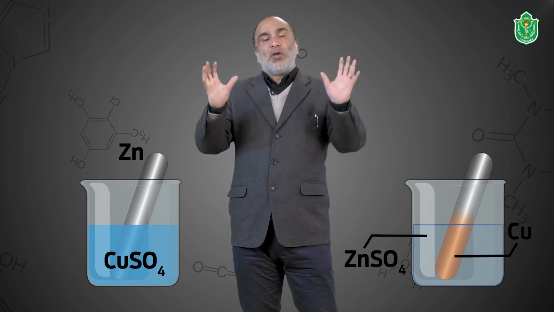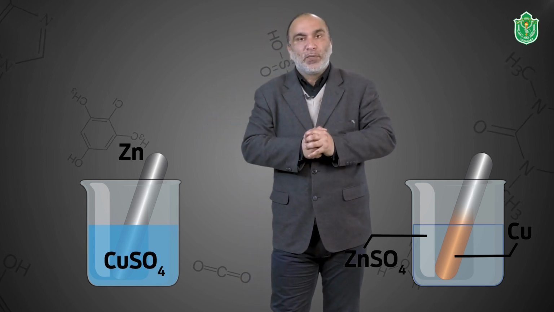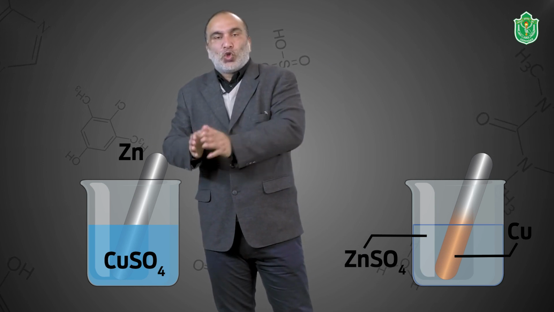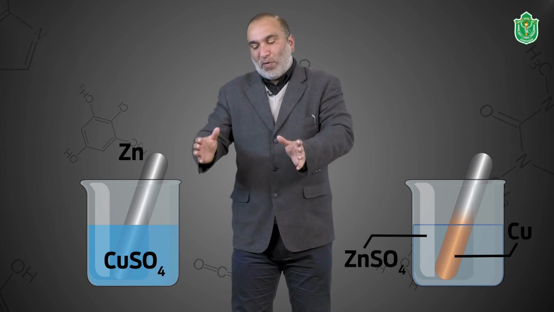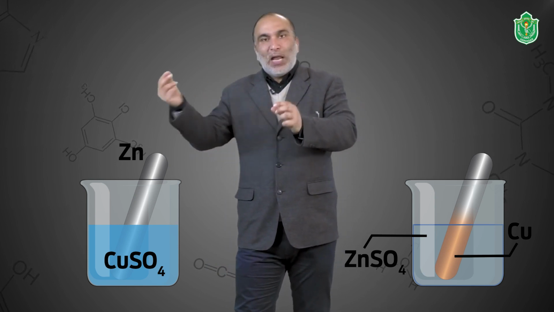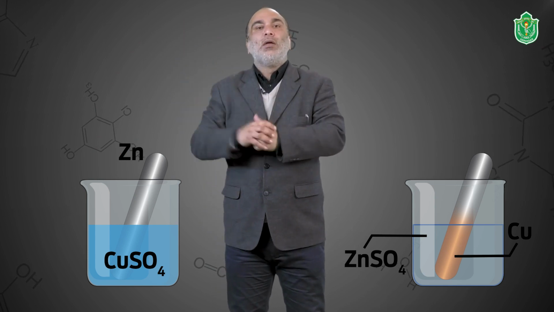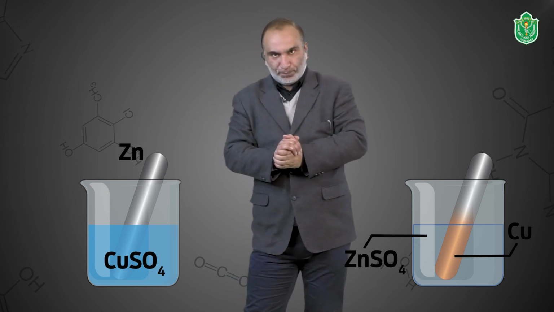When we analyze this reaction and try to understand the chemistry behind it, we see zinc is a metal. So is copper. But copper is present in the form of aqueous solution. And now what we do, we are introducing the zinc rod into the aqueous solution of copper sulfate.